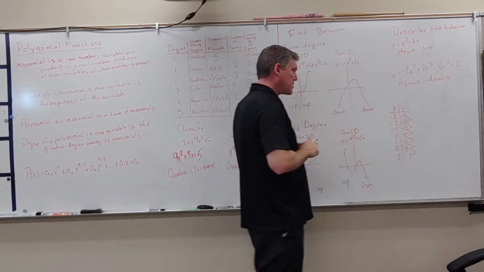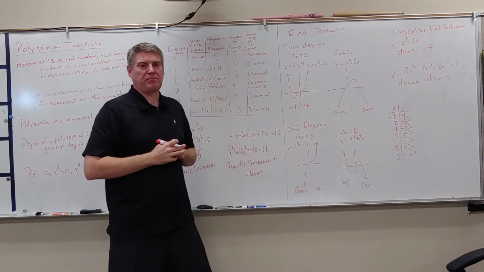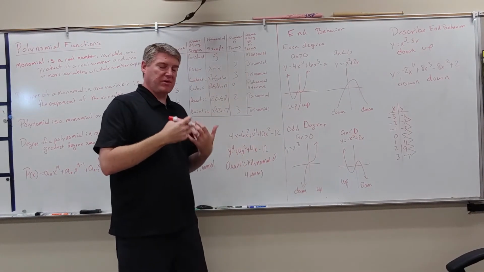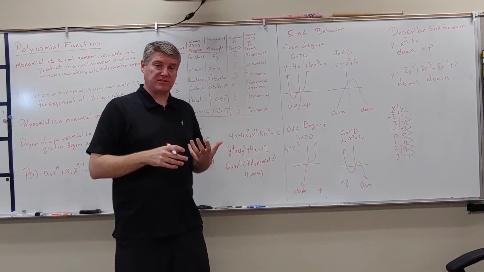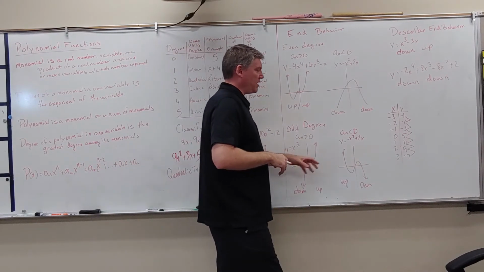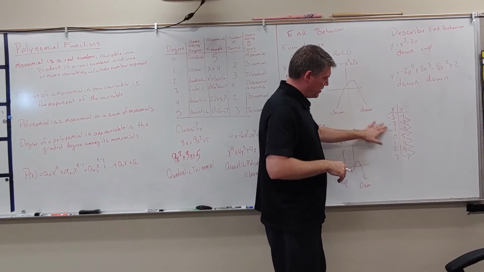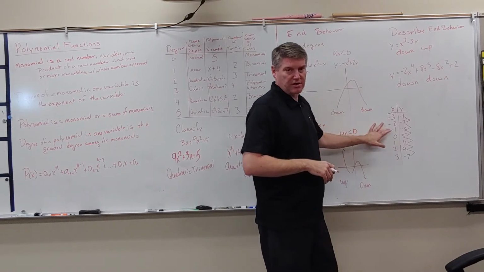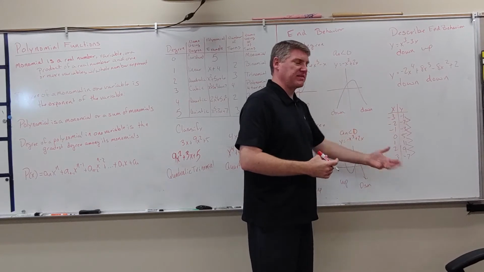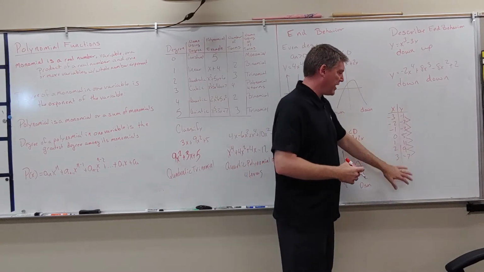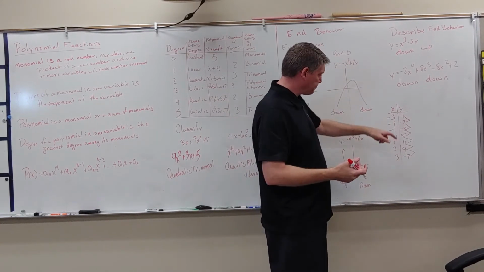Okay. Now, the last thing we're going to talk about is being able to tell the degree from the differences. So when I'm looking here, as long as my x's are integers in numeric order here, I actually can find the difference of my y's to determine the degree.